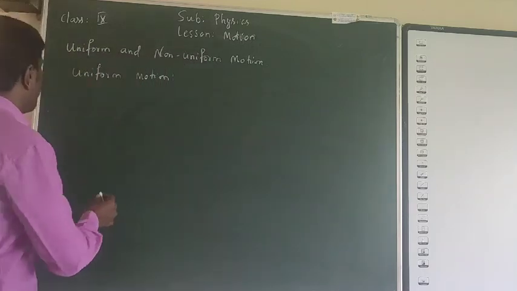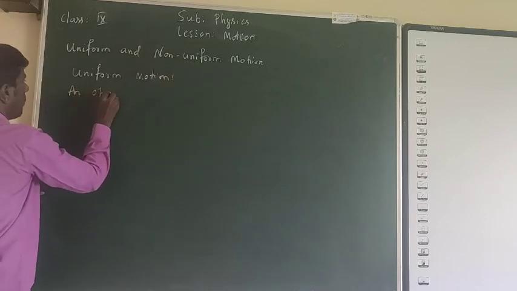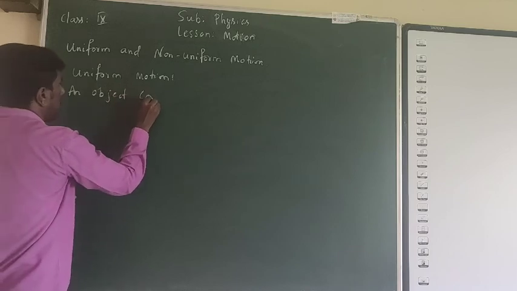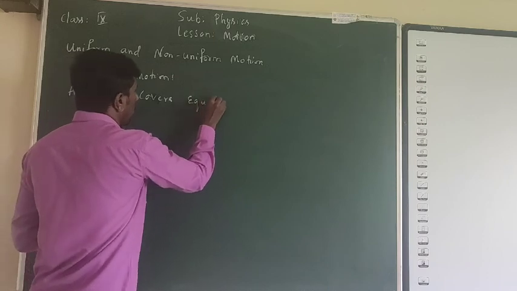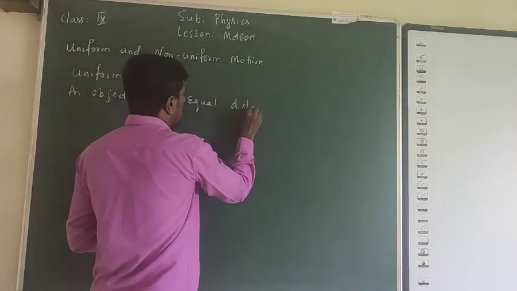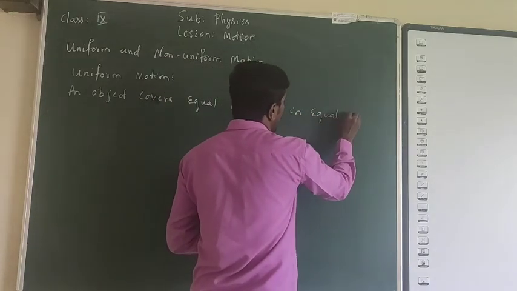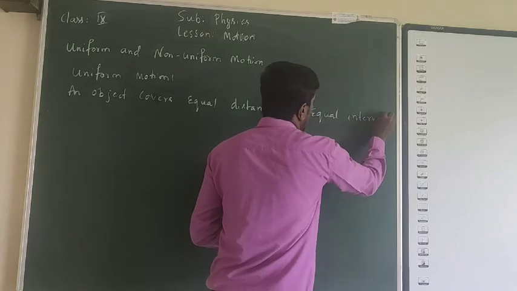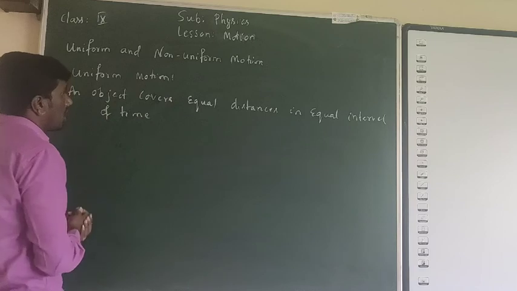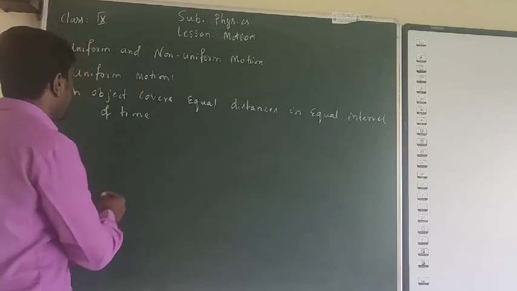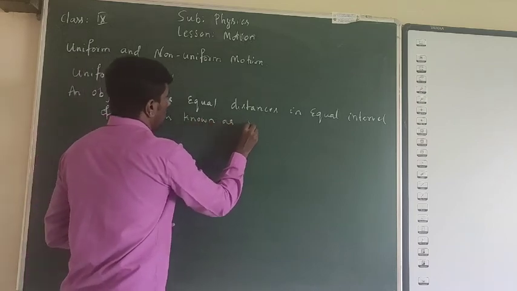Let us take the formal definition. An object that covers equal distances in equal intervals of time is known as uniform motion.